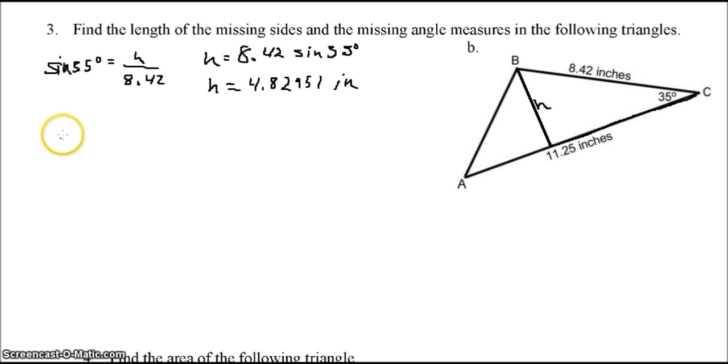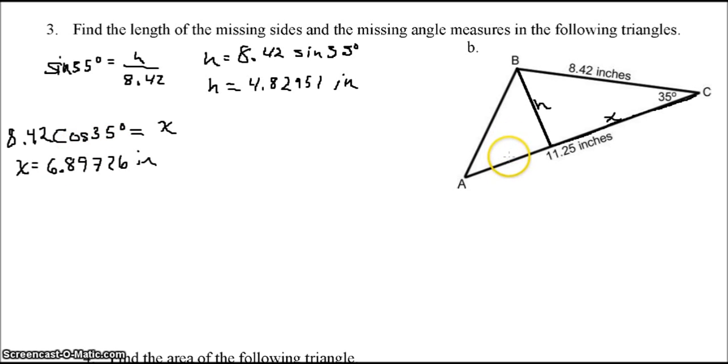We could do that, let's say, like this. Cosine of 35 equals, let's call it x, over 8.42, or really just 8.42 times cosine of 35 equals x. Okay, so now we can find this piece y.